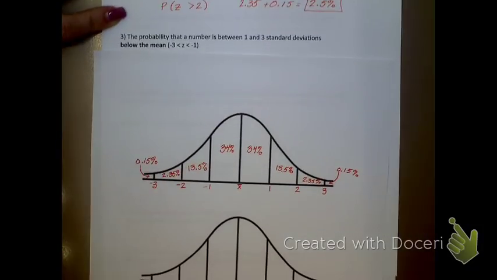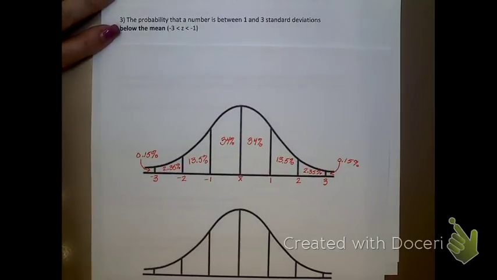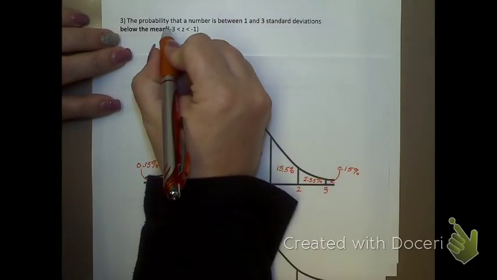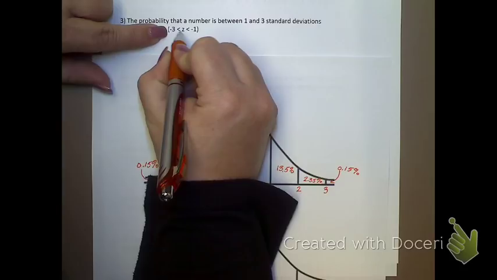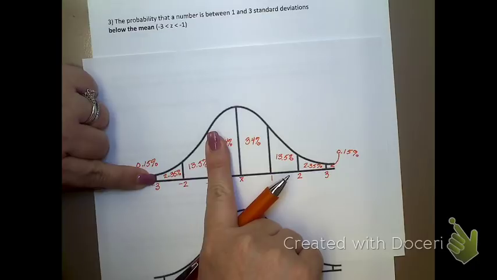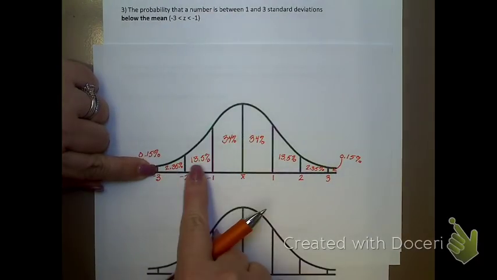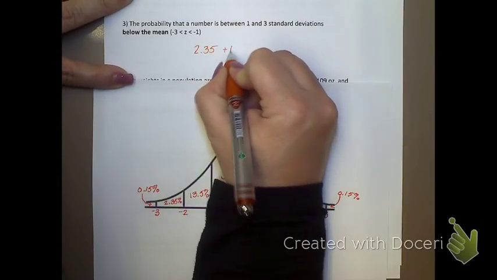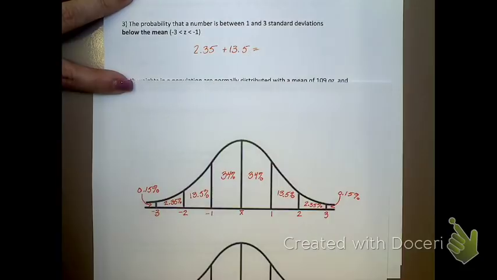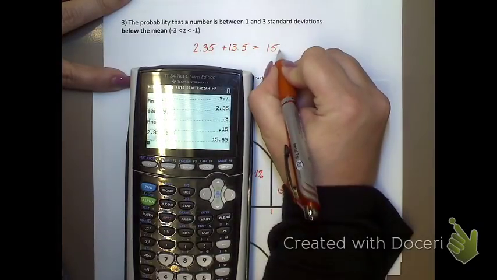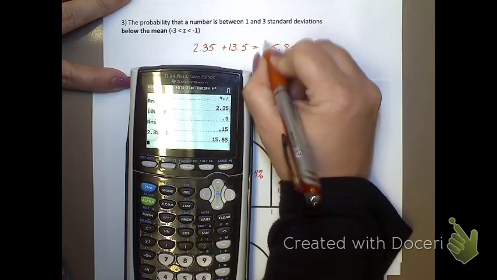Okay? And then the probability that a number is between 1 and 3 standard deviations below the mean. In other words, what is the probability that z is between -3 and -1? Well, if this is -3 and this is -1, what two numbers am I adding together? 2.35 plus 13.5 gives me 15.85%.